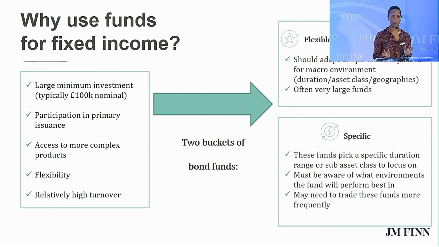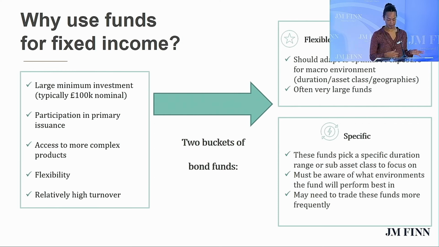You can get fully unconstrained ones, but typically they have limits around those two exposures. But the idea is it can invest globally and in all the subcategories you can think of to get the most value and yield at a time. As such, year on year, you might find yourself holding quite a different looking fund. But the flexibility is really the selling point here. The fund should be able to adapt quickly and efficiently.